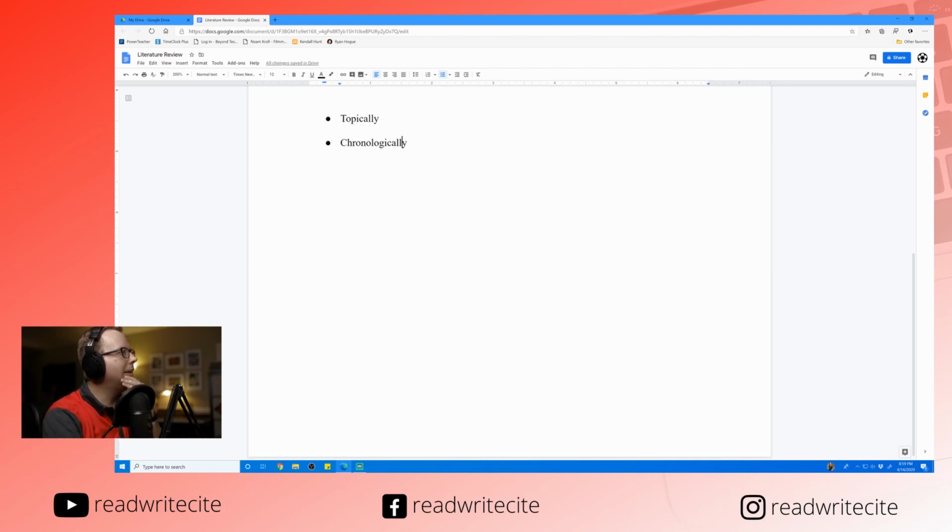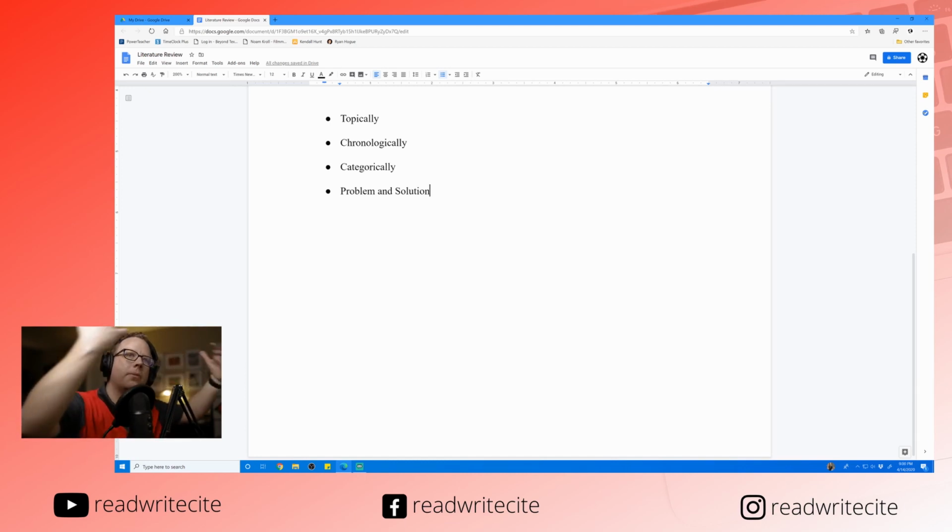Topically, chronologically, categorically. If you're trying to build up a case, then there may be some sort of progressive order that also makes sense, some sort of problem and solution order, right? You introduce sources that talk about the problem, then you might follow up with sources that talk about a solution to the problem. That's one order.